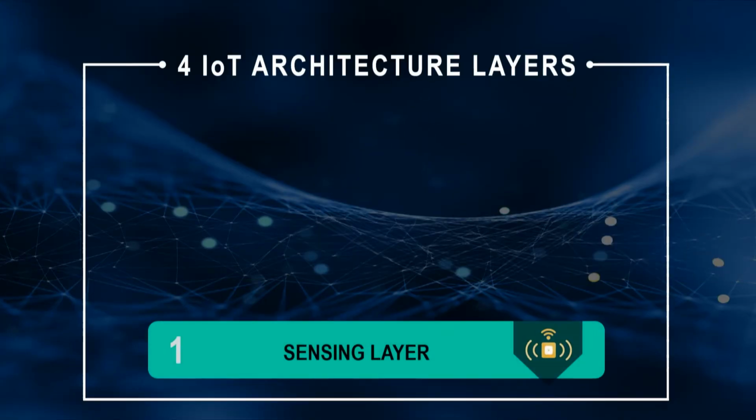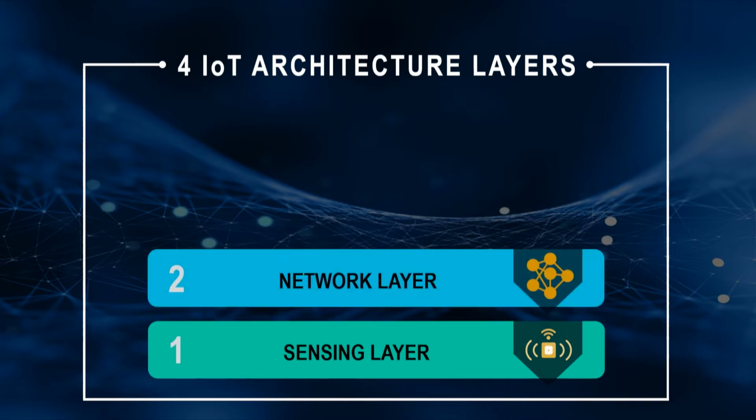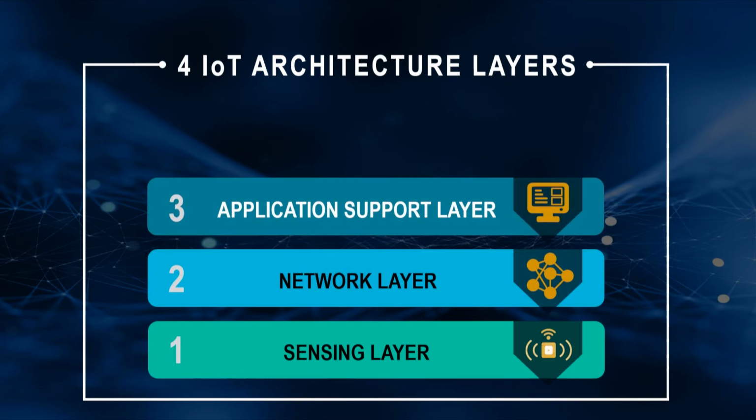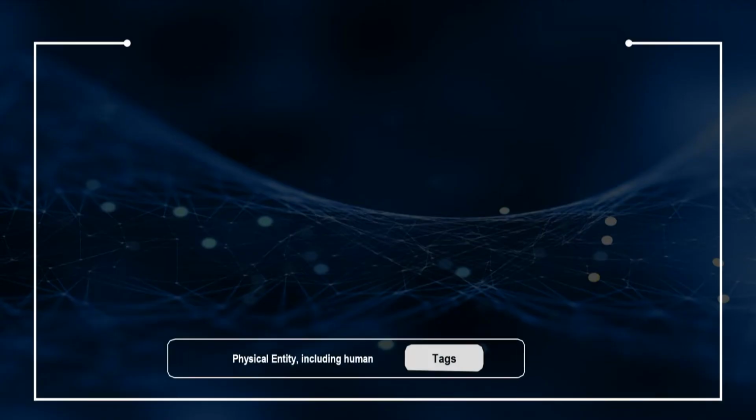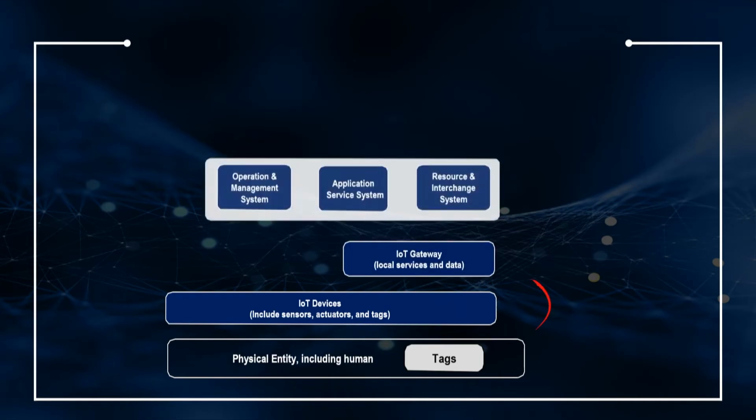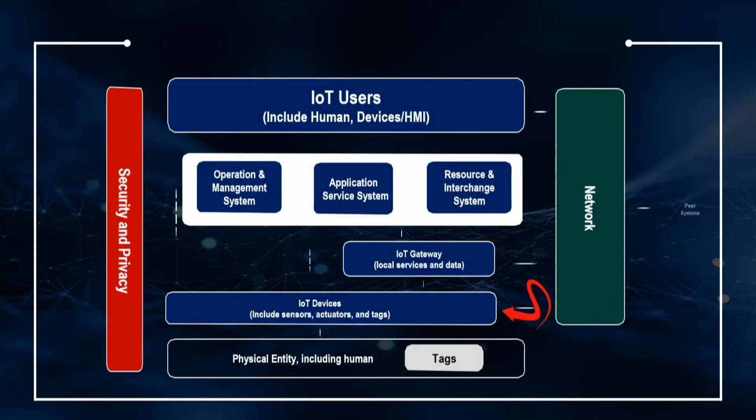One is the sensing layer or device layer, next is the network layer, third is the application support layer, and fourth is the application layer. From this diagram you will see that the sensing layer or the device layer consists of devices, sensors, actuators, RFID tags, or a personal entity or any human.